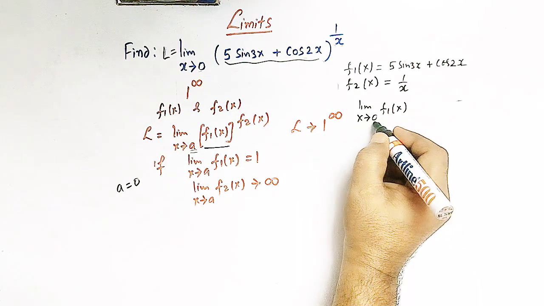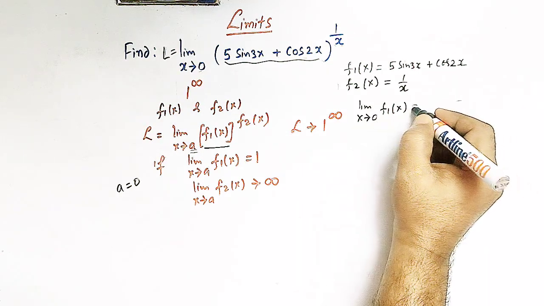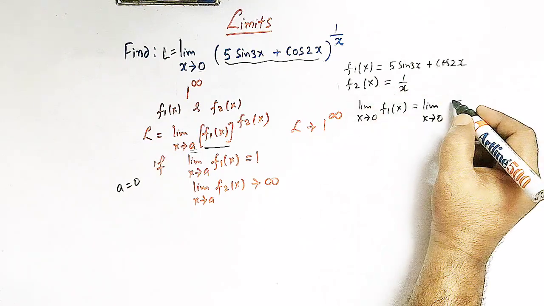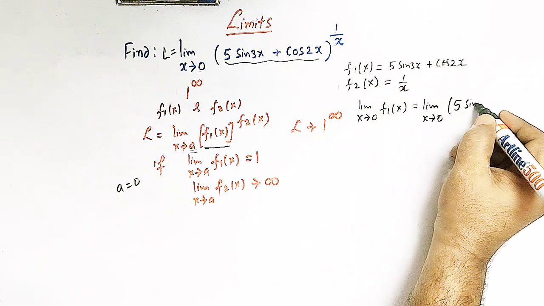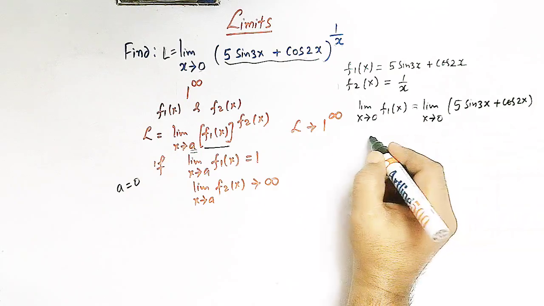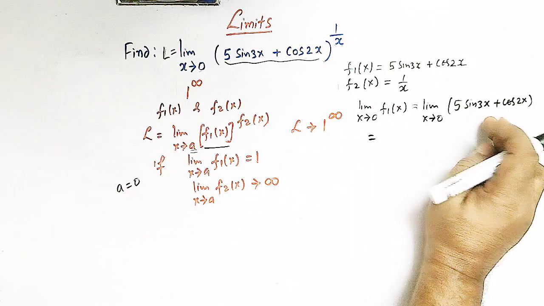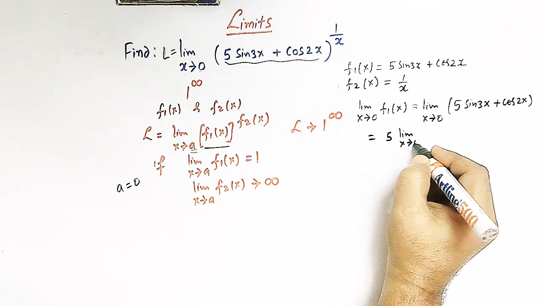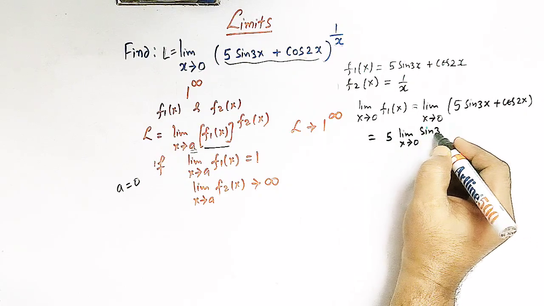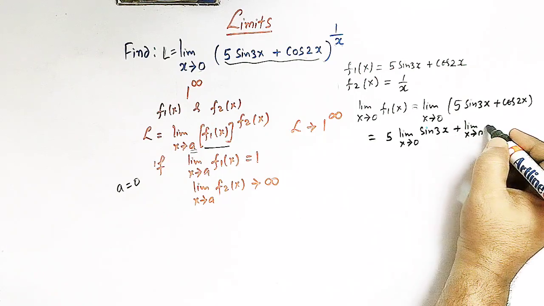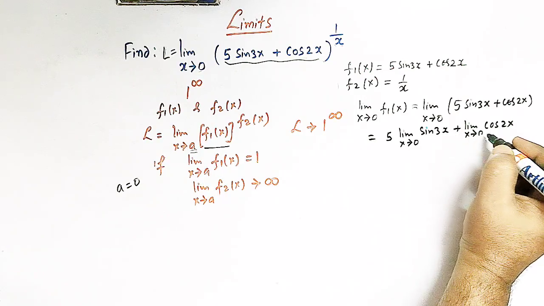So now the limit as x tends to 0 of f1(x) is the limit as x tends to 0 of 5 sin 3x plus cos 2x. Now we can evaluate this limit: here we have 5 times the limit as x tends to 0 of sin 3x, plus the limit as x tends to 0 of cos 2x.